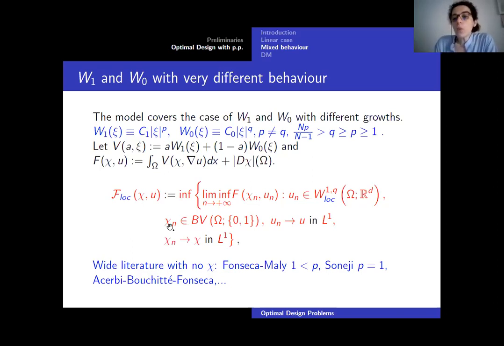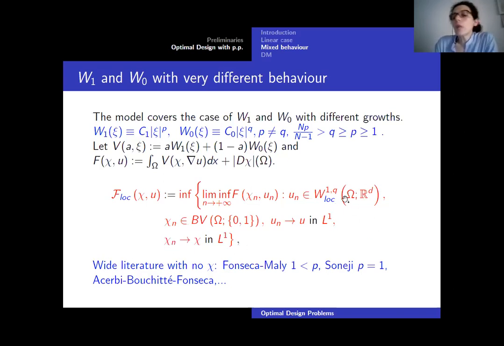So even if we essentially write this functional calligraphic F in terms of the L1 convergence, both for u and chi, clearly the coercivity condition allows us to have a weak limit, a W^{1,p} weak limit for u, and weak-star in BV for chi.